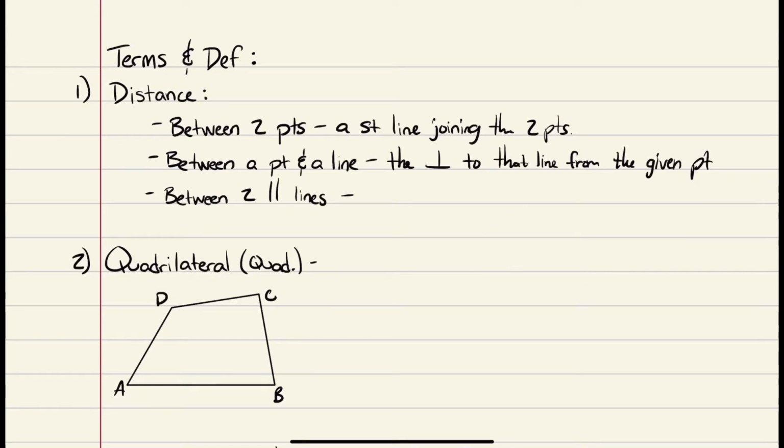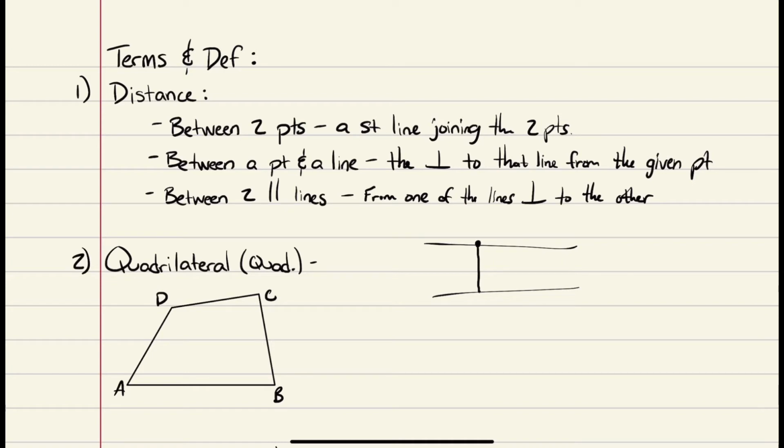All right, and then lastly, the distance between two parallel lines is the distance from one of the lines perpendicular to the other. And so again, if we had two parallel lines, we can pick any point in one of the lines and draw a perpendicular to the other line.